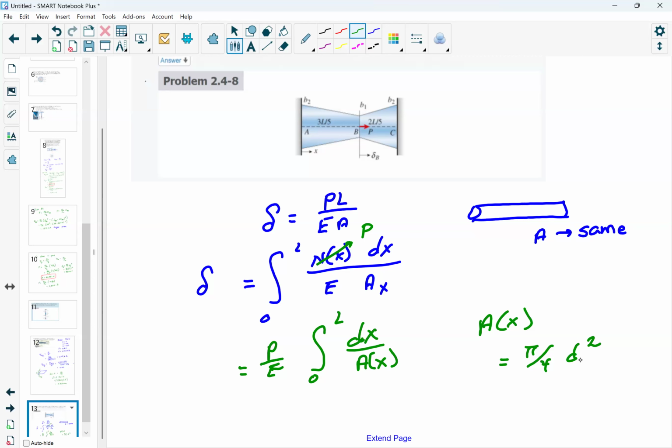It's going to go from B2 to B1, and then it's going to go from B1 to B2. So that makes this one, I think I pulled this out of your homework, a little unusual because of that. And I wanted to make sure you had a chance to do that.